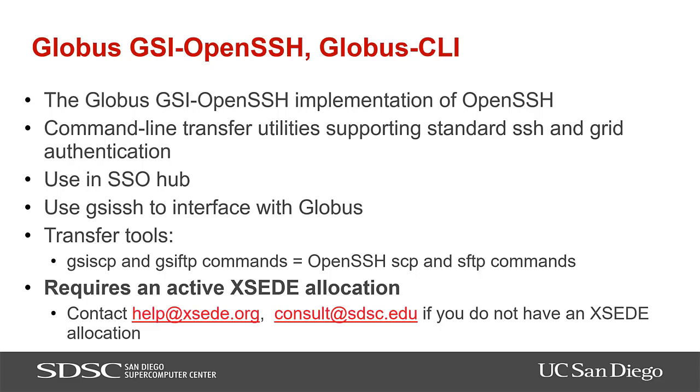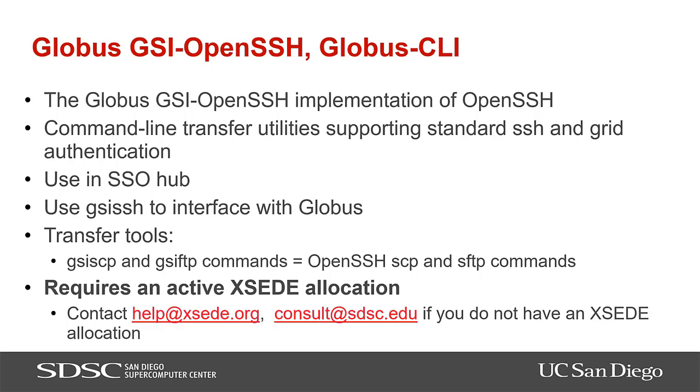The transfer tools that are in there are GSI SCP and GSI FTP, and they're essentially the same as SCP and SFTP. The one thing with all the Globus tools is that you're going to need an active, that's important, Exceed allocation. If you are a local user who only has a local allocation, feel free to contact us.